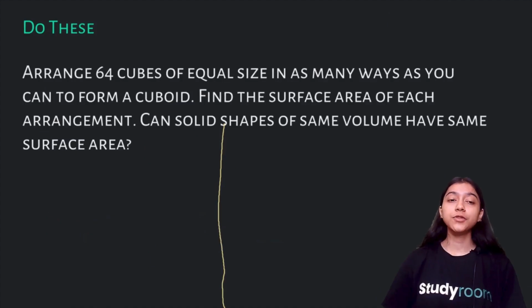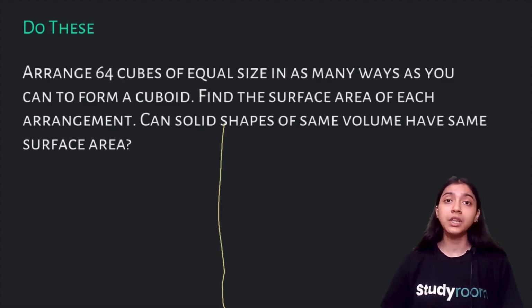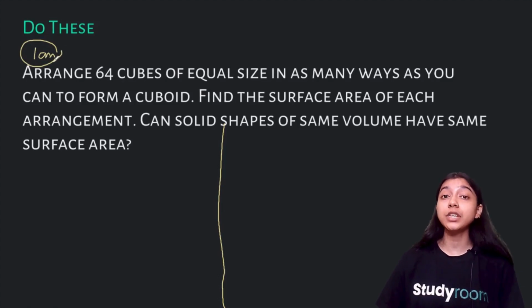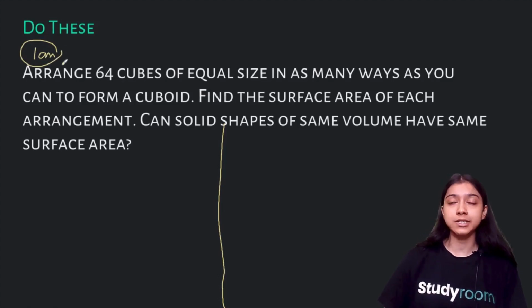Now let us try solving this problem. Over here, we have been given 64 cubes of equal size, and we have to arrange them in different setups in order to form a cuboid and then calculate the volume and the surface area. Now, let us consider that the cube that has been given to us is of 1 centimeter length. That means the length of each of the side of the cube is 1 centimeter.